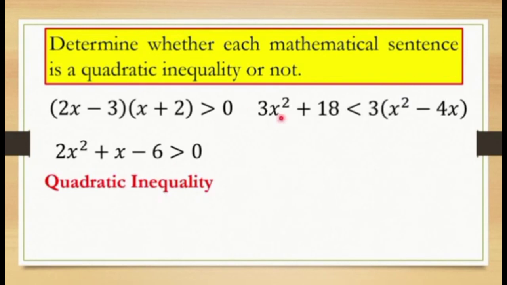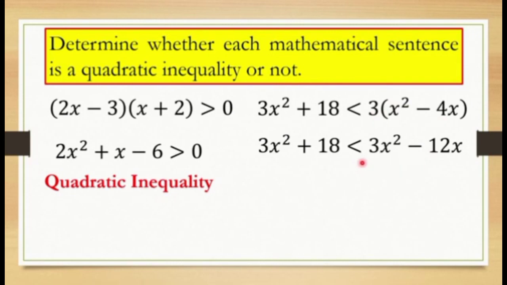Another example. So, again, you have to simplify it first. So, I have here 3x squared plus 18 is less than 3 times the quantity of x squared minus 4x. So you have to simplify this first. So therefore, we will have 3x squared plus 18 is less than 3x squared kasi 3 times x squared, and then 3 times negative 4x, that is negative 12x or minus 12x.